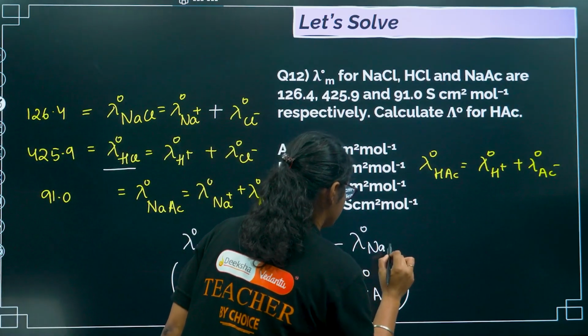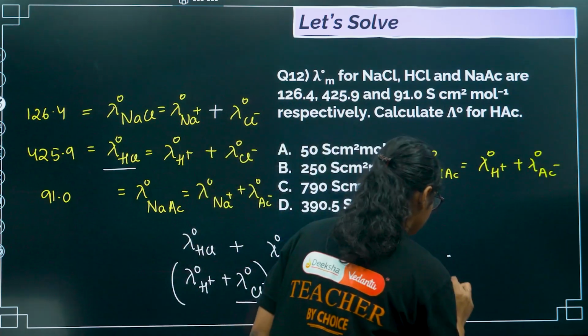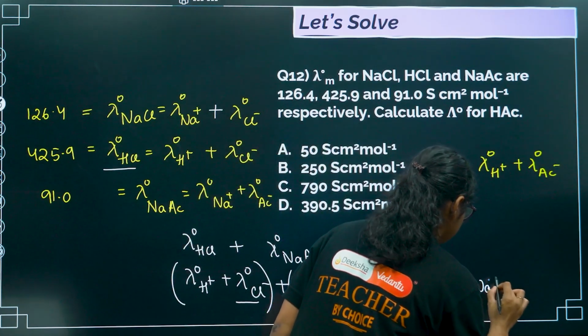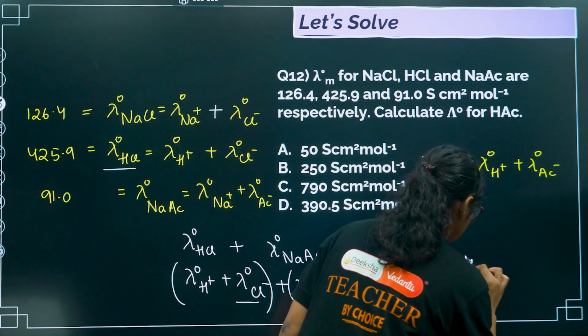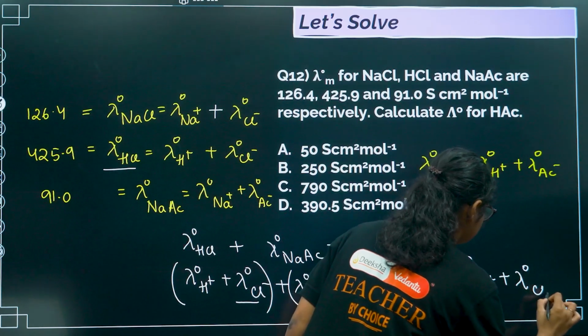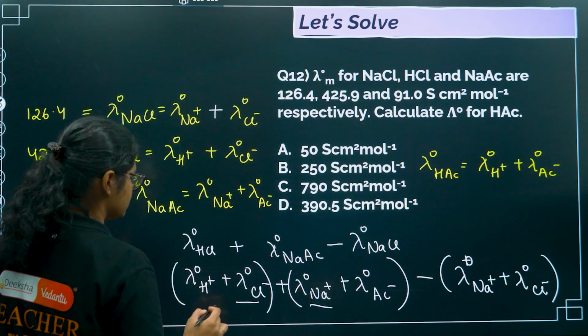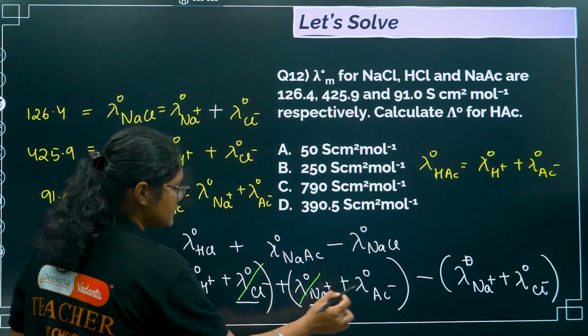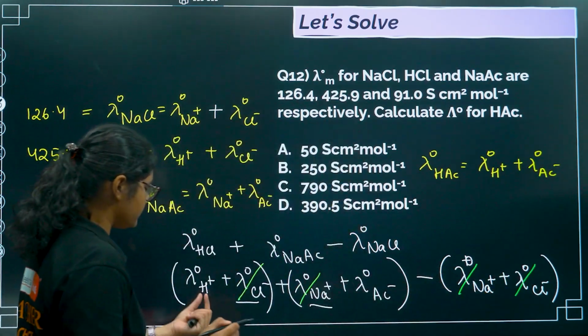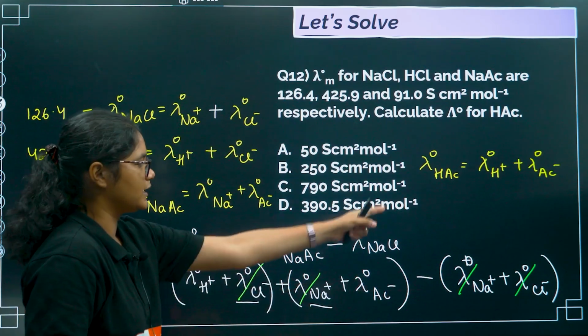Lambda naught of NaCl, if I subtract, then I get lambda naught of Na plus and lambda naught of Cl minus subtracted. Now if I solve it, what gets cancelled? This one gets cancelled, right? Now I am left with only H plus and Ac minus, so I can get this value.